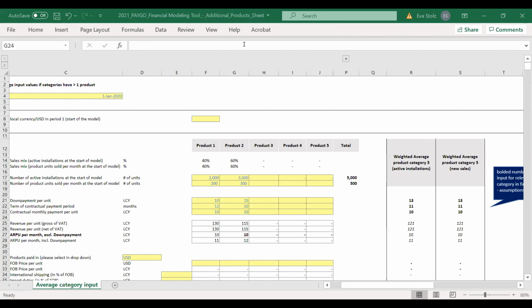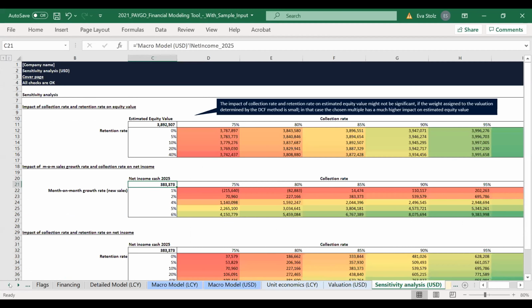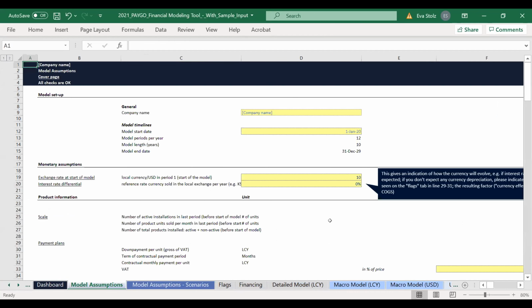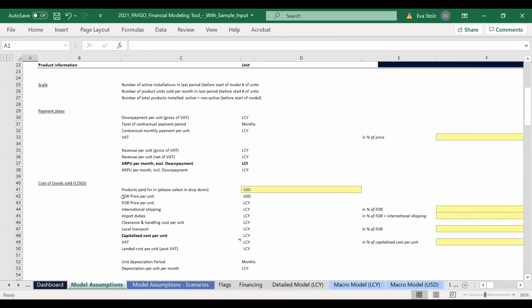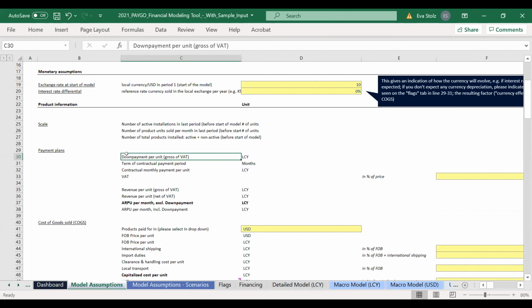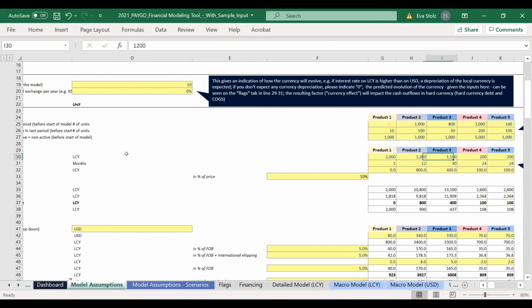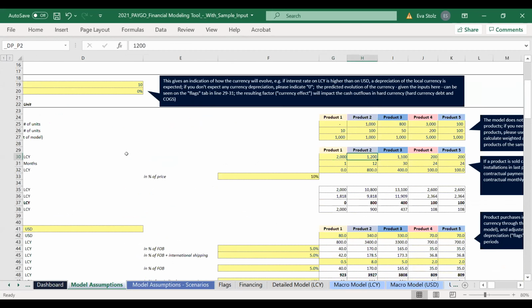And I'm just going back to the main model, the part that I showed you last time. So basically in the assumption sheet, this way you can incorporate the values, for example, in one of those 5 products or one of those product categories. It's just a way to include more than 5 products.